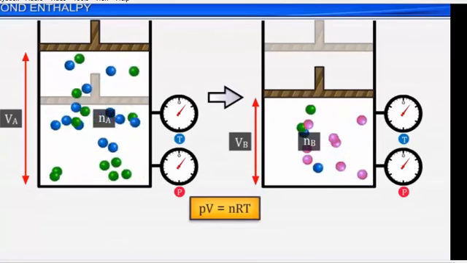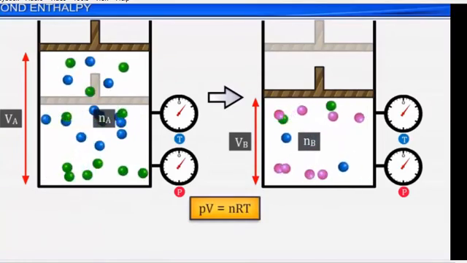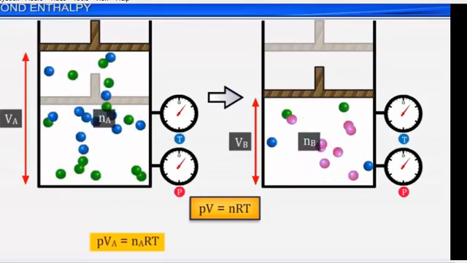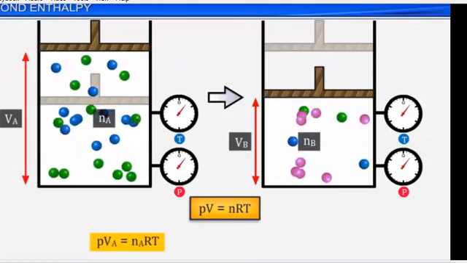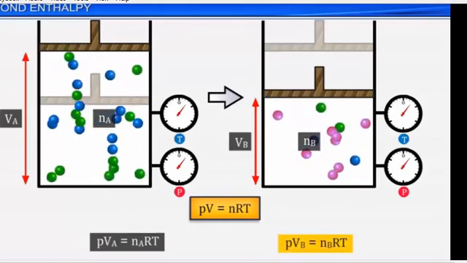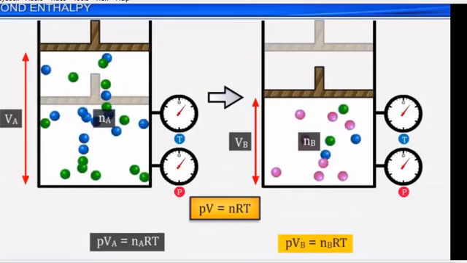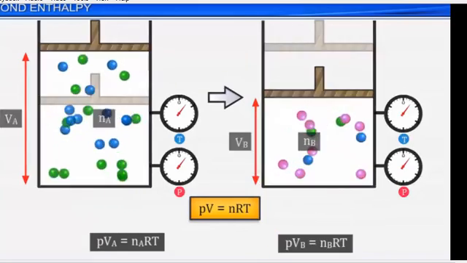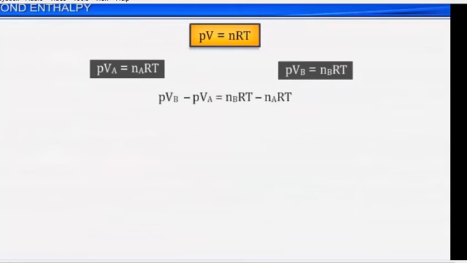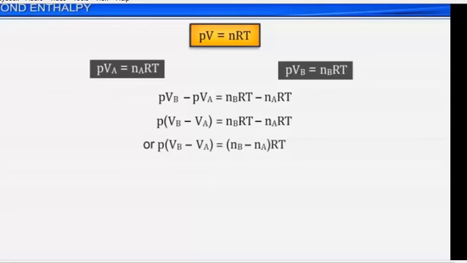Thus, for the reactants, PVA equals nART, and for the products, PVB equals nBRT. Thus, PVB minus PVA equals nBRT minus nART, or P(VB minus VA) is equal to (nB minus nA)RT.